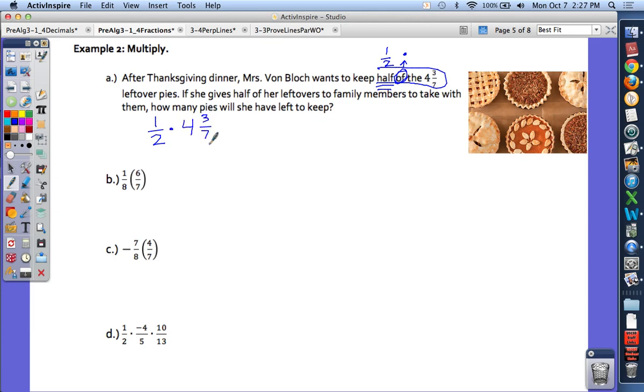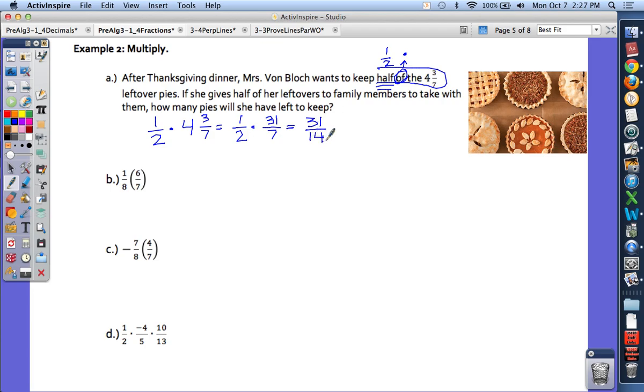So remember, the first thing you want to do is change the mixed numbers to improper. So 1/2 times 4 times 7 is 28, 29, 30, 31, 7ths. And remember, how do you multiply fractions? Just straight across. So 1 times 31 is going to give me 31, and 2 times 7 is going to give me 14.